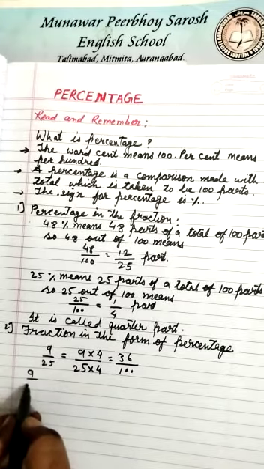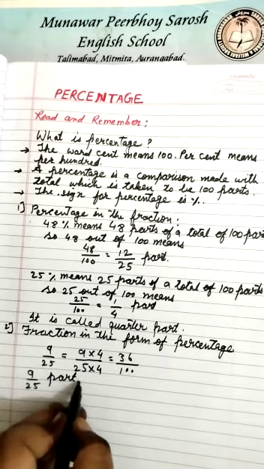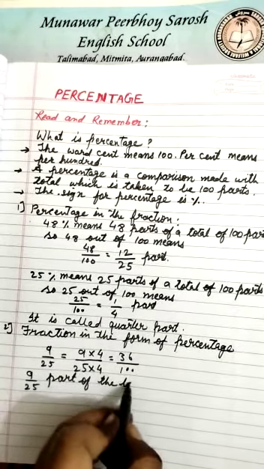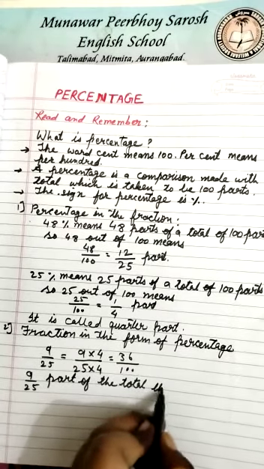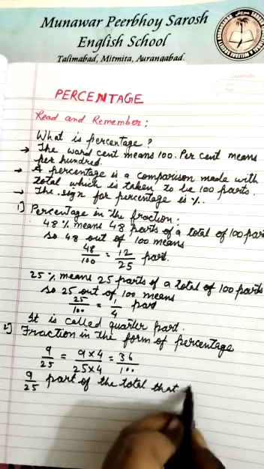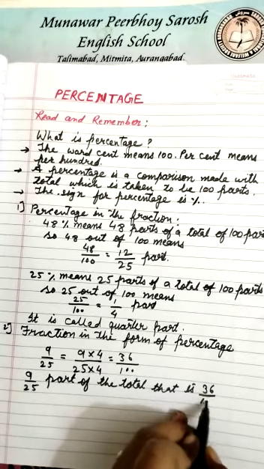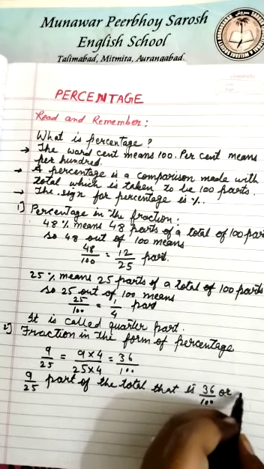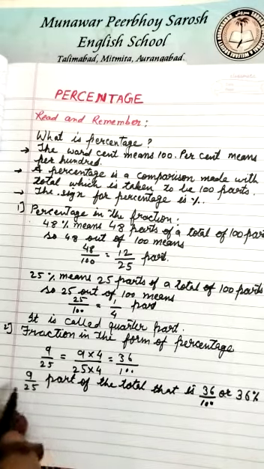Now students, 9 upon 25 part of the total, that is 36 upon 100 or 36%.